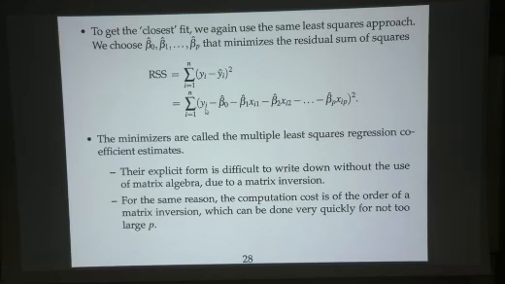That gives you the residual sum of squares, and the coefficients are those which minimize this expression. You write it for any beta, and the one that minimizes this gives your coefficients beta naught hat to beta p hat. The minimizers are called the multiple least squares regression coefficients, and you can write them explicitly in terms of a matrix formula that we are not going to discuss here.